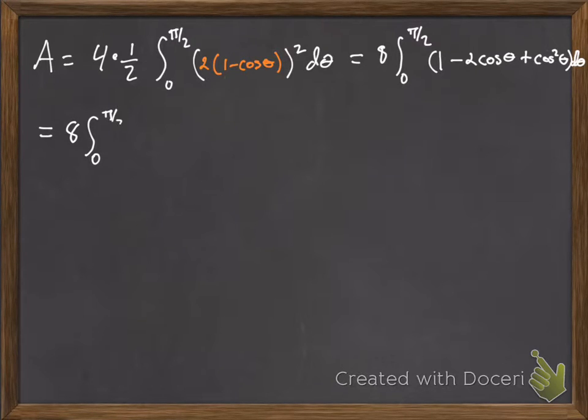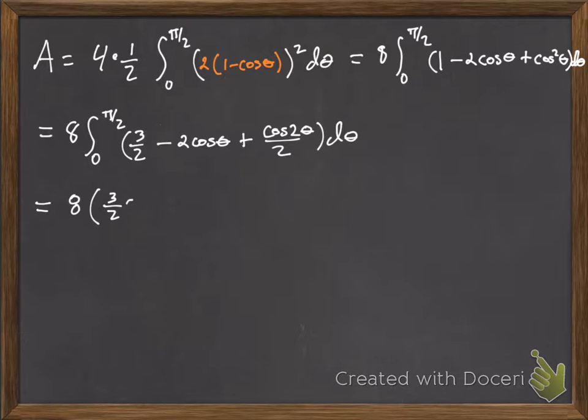So 8, 0 to pi over 2, 3/2 minus cosine of theta plus cosine 2 theta over 2 d theta, and that'll be 8 times 3/2 theta minus 2 sine theta plus sine 2 theta over 4, and we're going to evaluate that from 0 to pi over 2.